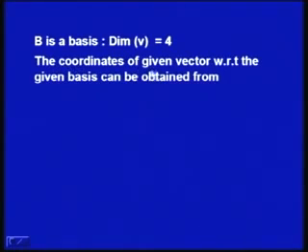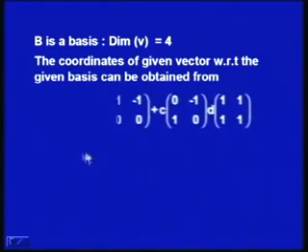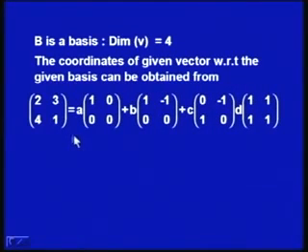Now, the coordinates of the given vector with respect to the given basis can be obtained from this relationship: (2, 3, 4, 1) equals A times the first vector given to us, plus B times the second vector, C times the third vector, and D times the fourth vector.